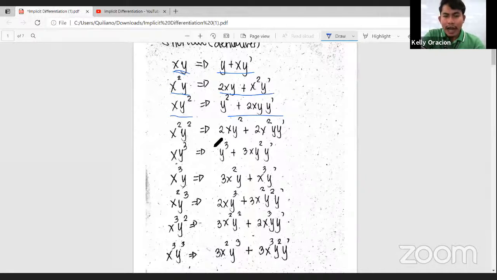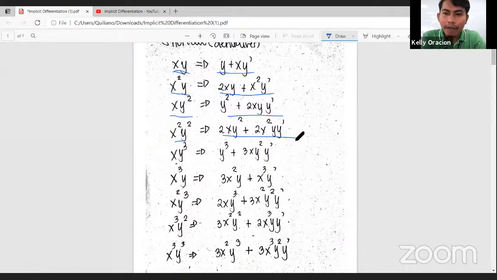Okay, again ha. Ang derivative ng x squared at saka y squared is ito. Sa implicit differentiation kasi, this is a derivative with respect to x. So if you are going to get the derivative of y, that means you need to add y prime.